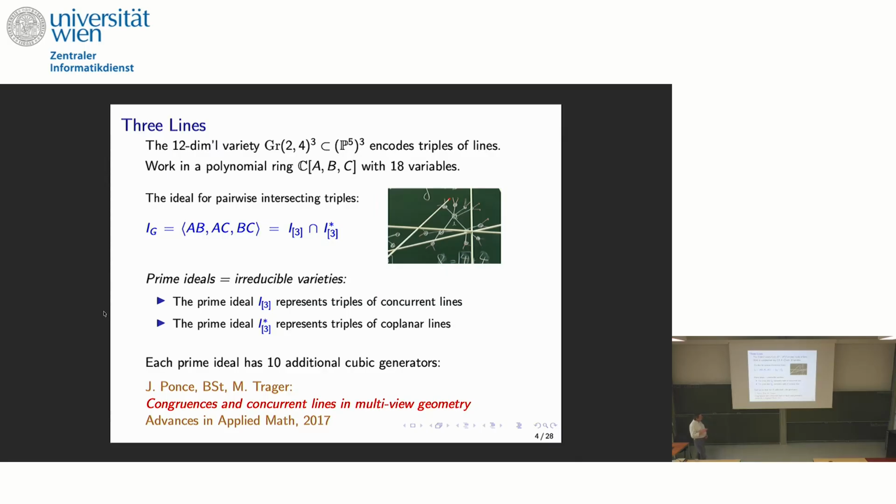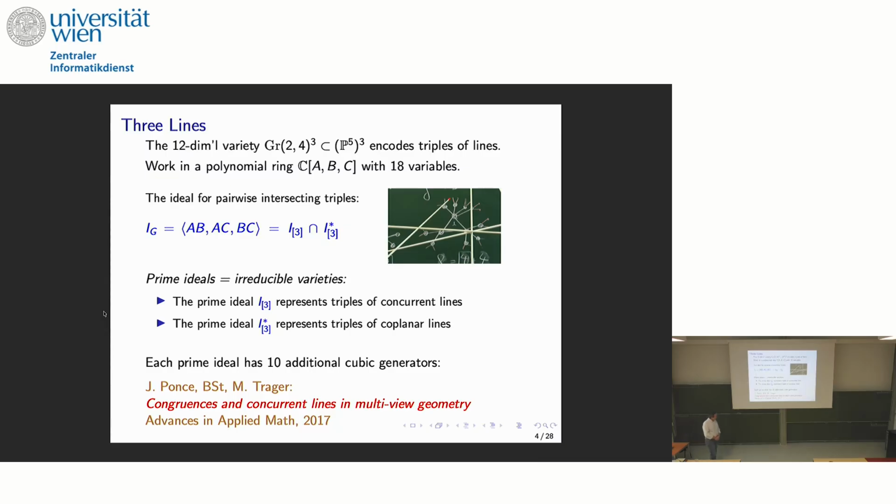But then there's a dual situation, and that's why I call this star. So these are triples of coplanar lines. The other possibility is that you have 3 lines that lie in a common plane. And these are really distinct irreducible varieties, and they intersect. So this intersection of ideals is the union of varieties, and these 2 components intersect in little star pictures, like triples of coplanar concurrent lines.